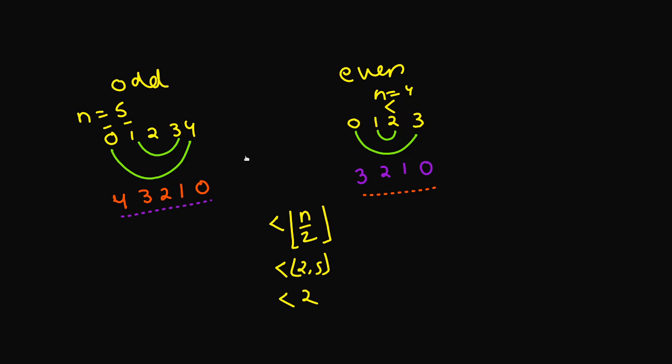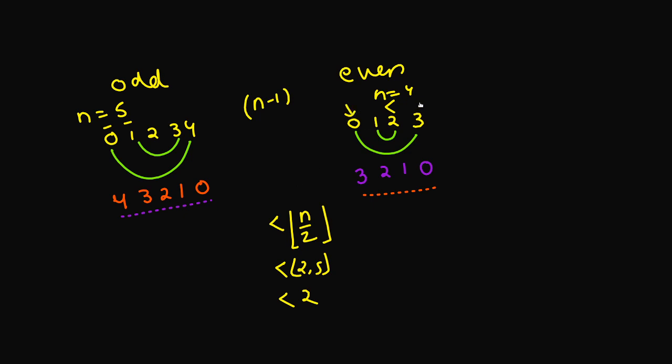Now how to obtain these counterparts? You can use one more trick here. The ith character from the start and the ith character from the end, if you sum the indices of these two characters, it's always going to be n minus 1. You can verify that.